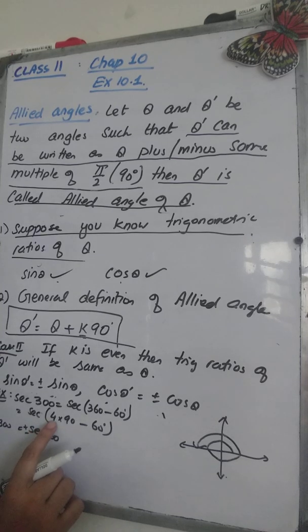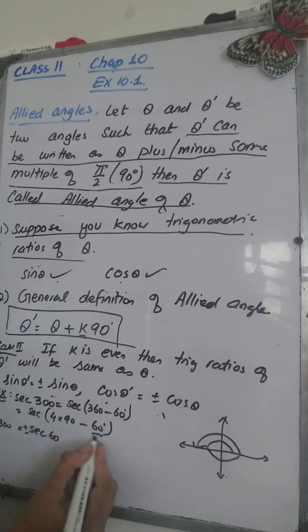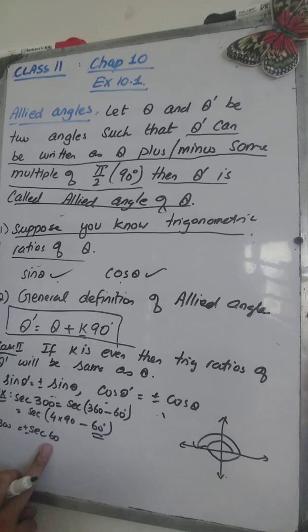Now this is an even multiple of 90, so secant 300 will be equal to secant 60. This is theta dash and this is theta. Secant theta dash will be equal to secant theta, because the secant will remain secant, because here k is even. So secant will remain secant, and this plus minus sign we are going to determine with the help of the quadrant in which 300 lies.